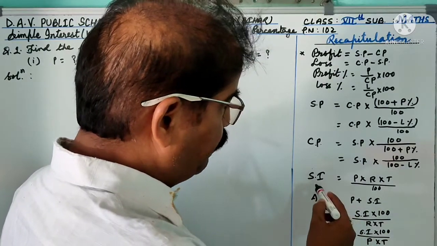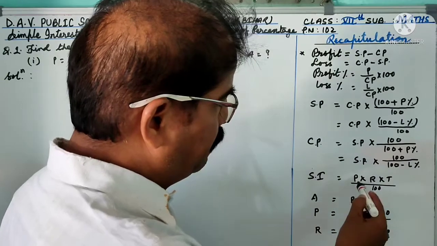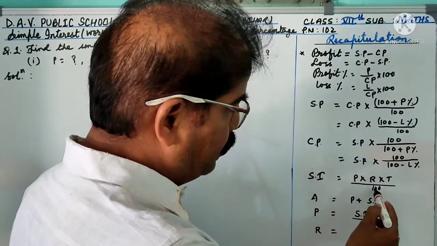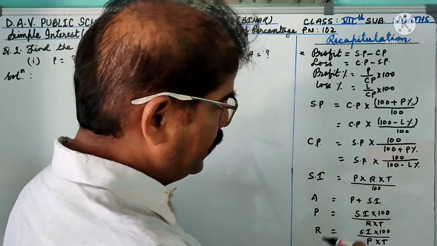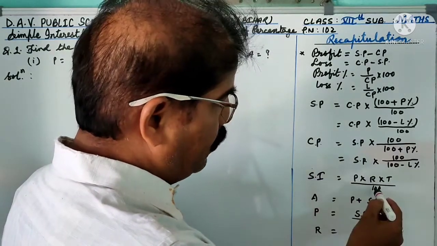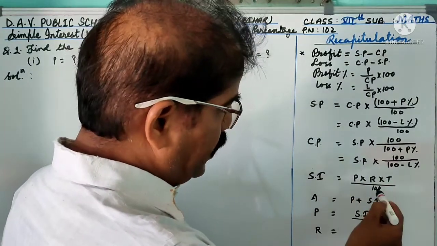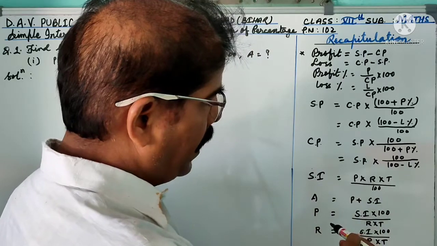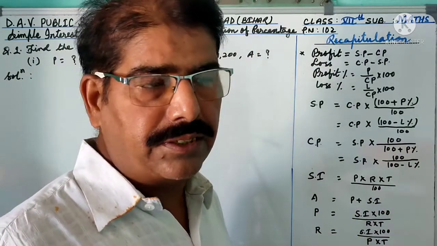If SI, R and T are given, then P equals SI into 100 by R into T, R equals SI into 100 by P into T, and T equals SI into 100 by P into R. And amount equals P plus simple interest.